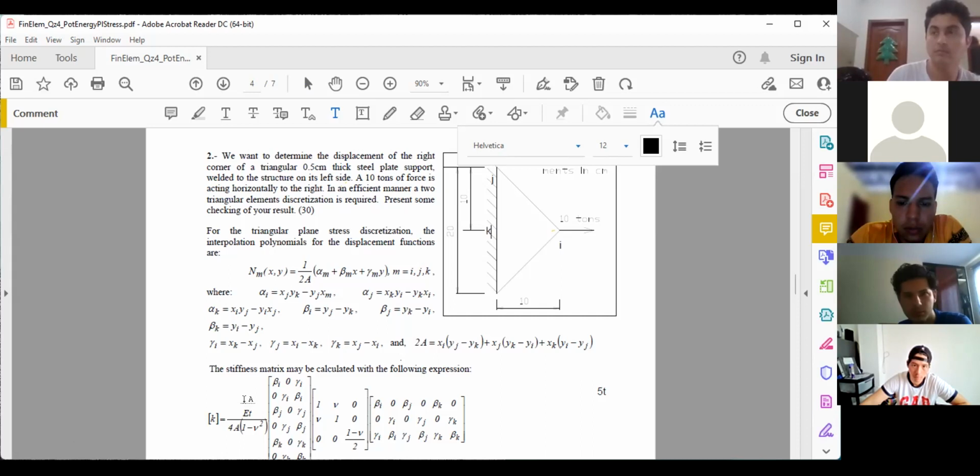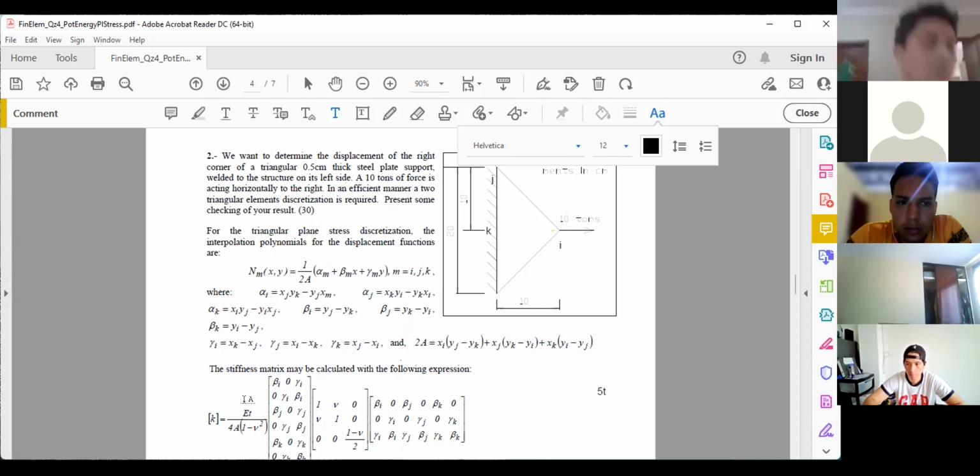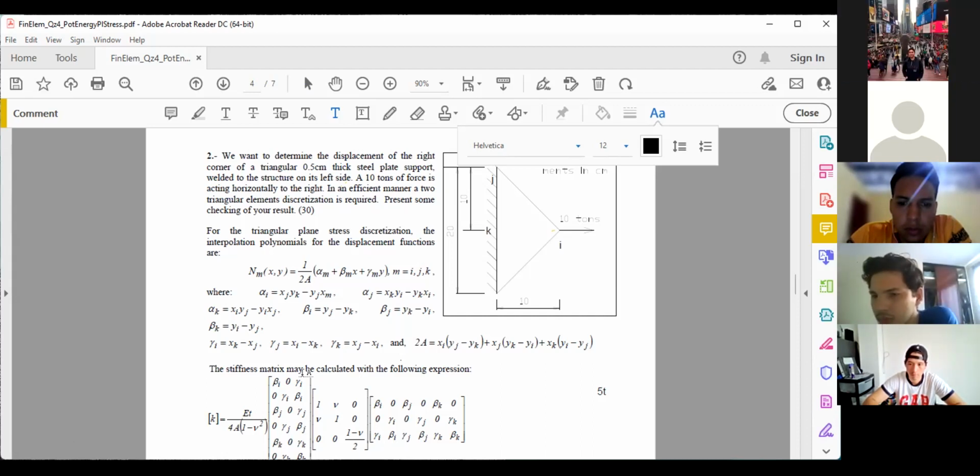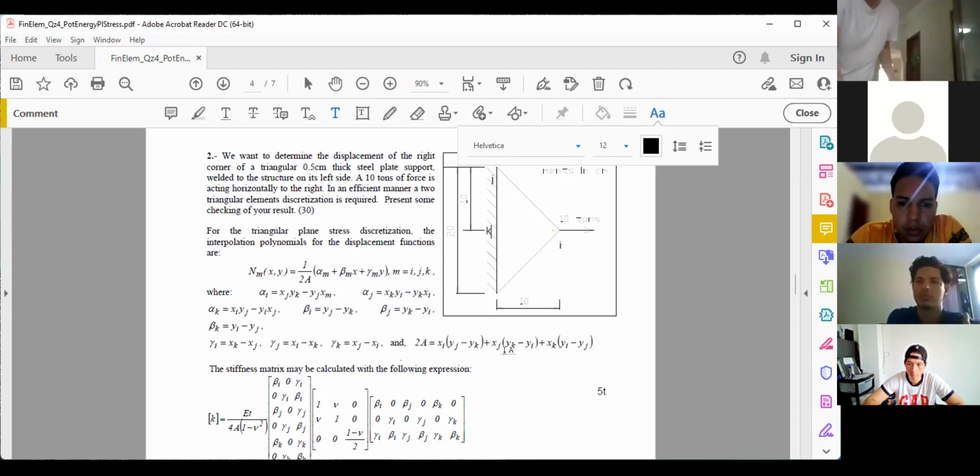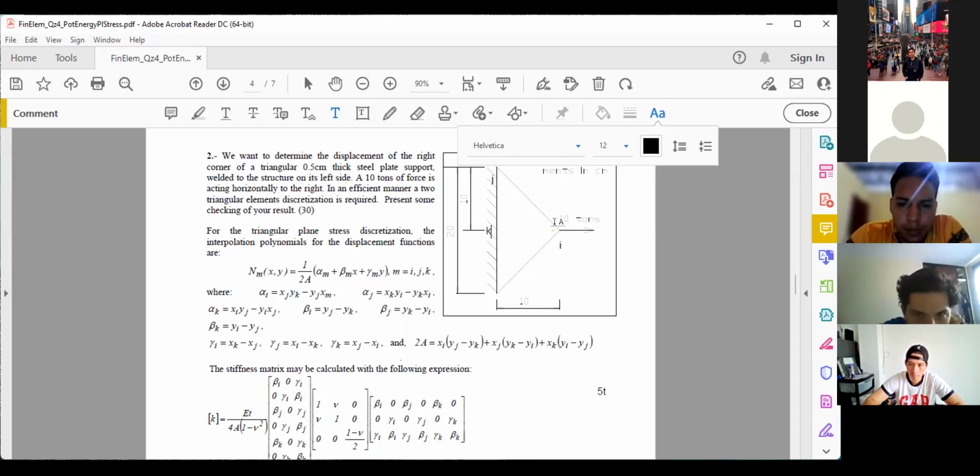So there is only one displacement that we do not know, and for that, we need only one value of the K matrix. And in that K matrix, this element is 0. So that's going to be a lot of zeros there. Now, after you do this, it's easy to calculate the deflection, the displacement in the X direction.